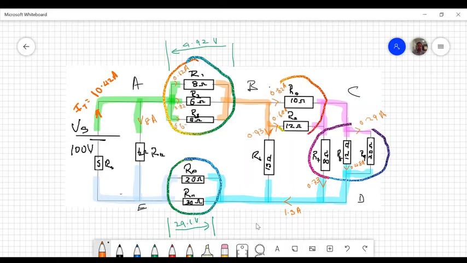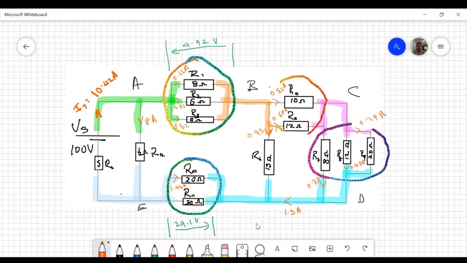0.62 amps. At the bottom here, 20 and the 30, we know the voltage is 29.1 volts. So to find current, we divide voltage by resistance. The current here will be 29.1 divided by 20, and that'll give me 1.46 amps.